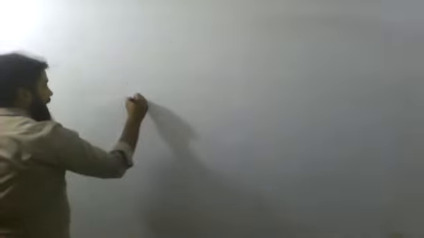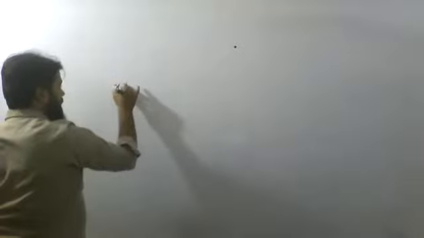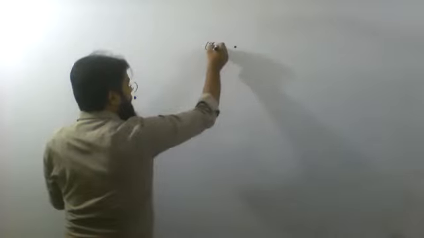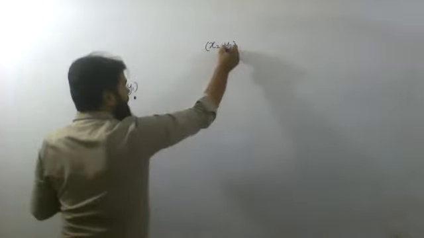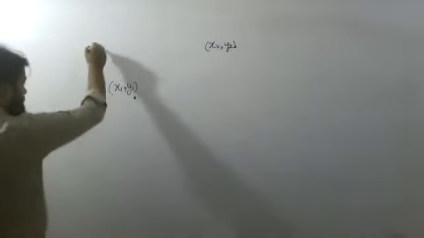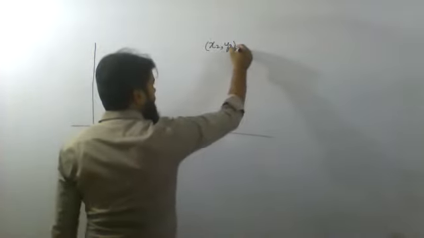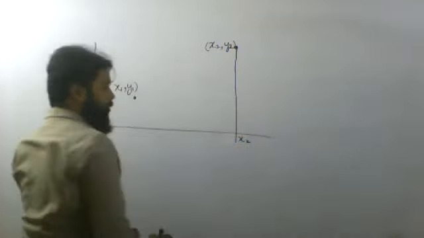Okay. So what will I do? See, again I am making two coordinates, but this time I am not giving them any numbers. Instead, I am giving them x1, y1 and x2, y2. Okay. So, making my graph over here. And I will drop it on this one, x2.